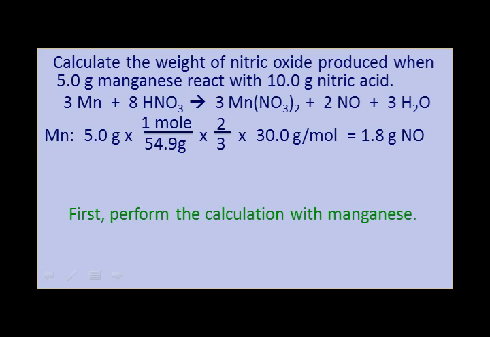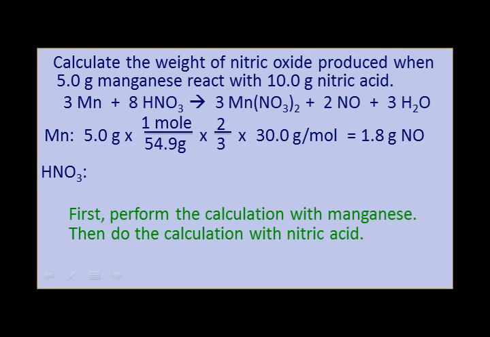Okay. Let's look at the nitric acid. We're going to do the calculation now with the nitric acid. We have 10 grams of nitric acid times 1 mole over 63 grams. And the stoichiometric ratio is 2 to 8. That's right, 2 NOs for 8 nitric acids.